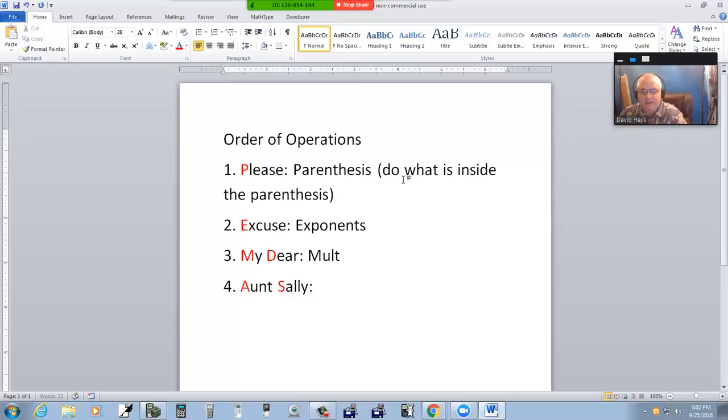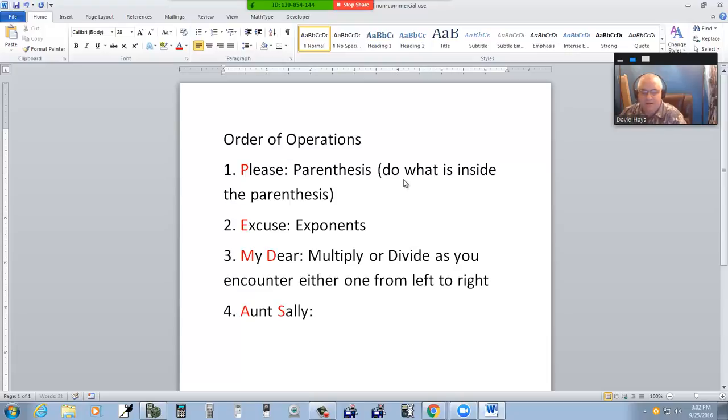My dear is multiply or divide, as you encounter either one, from left to right. Aunt Sally, you add or subtract, as you encounter either one, from left to right.